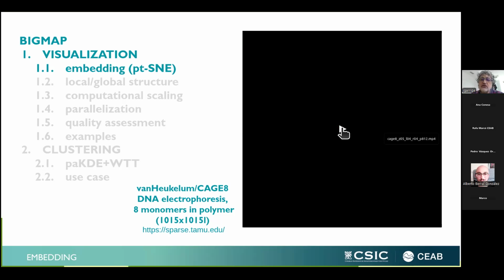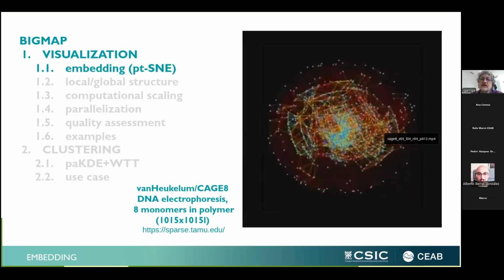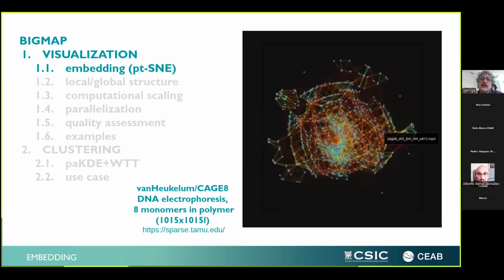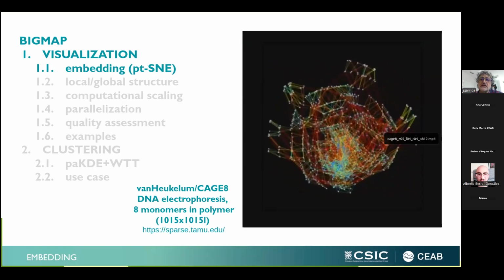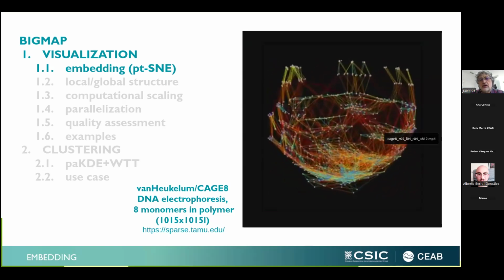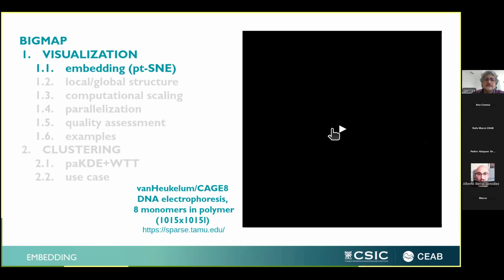Here I'm showing you an example of this iterative process. You can see that the points started randomly allocated, and then iteration by iteration, the algorithm optimizes the position to visualize optimally the structure of the data.